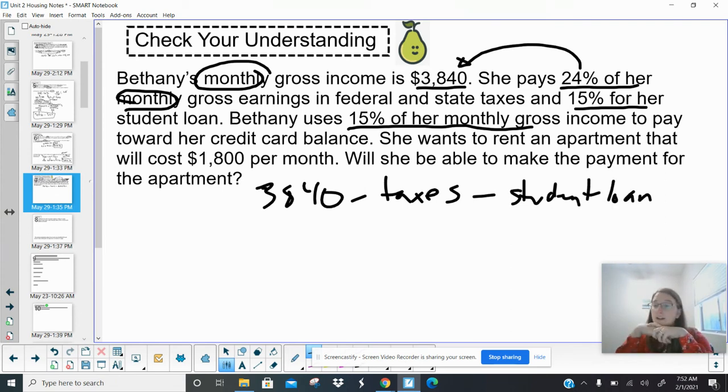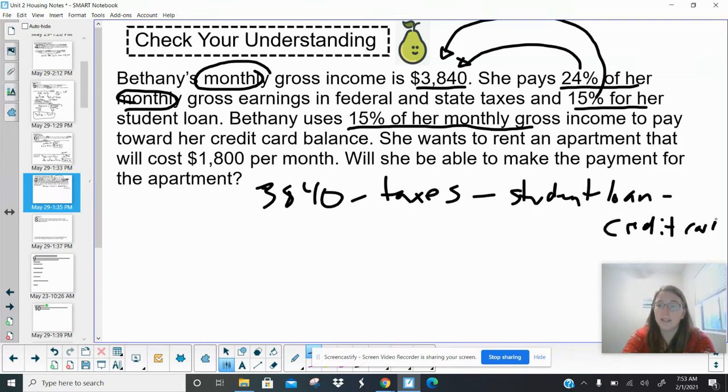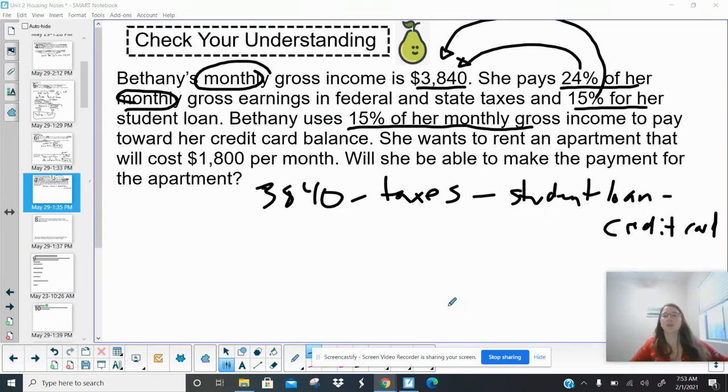You are not subtracting 0.15. It's 0.15 of this we are subtracting, and also her credit card, which is once again another 15% of her monthly income. So we are taking these individual percentages of this number, and then we're going to see how much money she has left over. Go ahead and try it and see if you can figure it out.